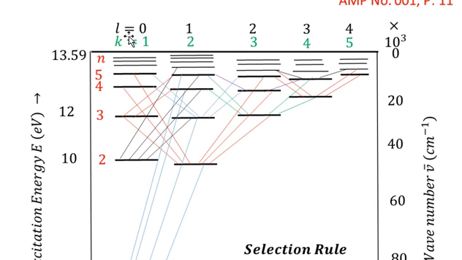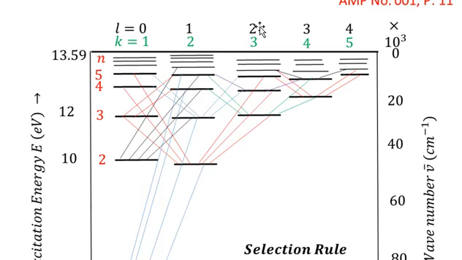A transition from the levels with L is equal to 0 to the other levels with L is equal to 0 is not possible. Similarly, transitions from a level with L is equal to 1 to all the other levels with the same value of L are not possible, because then delta L will be equal to 0.